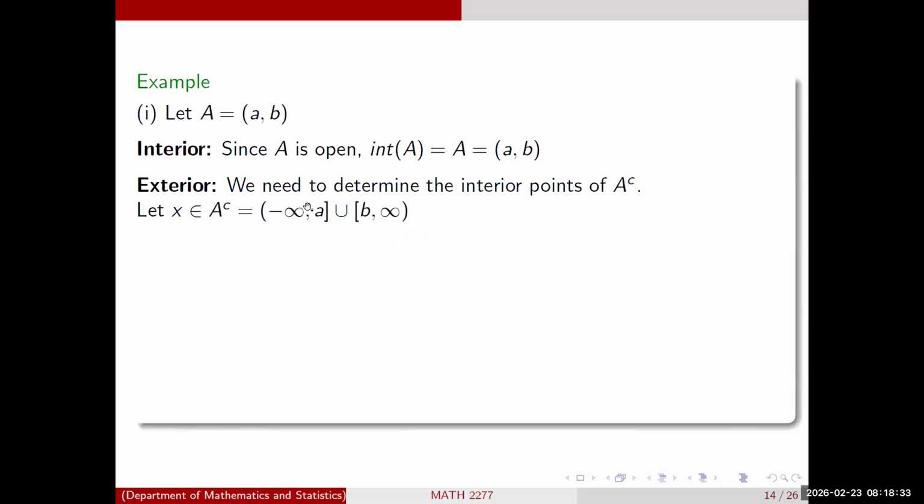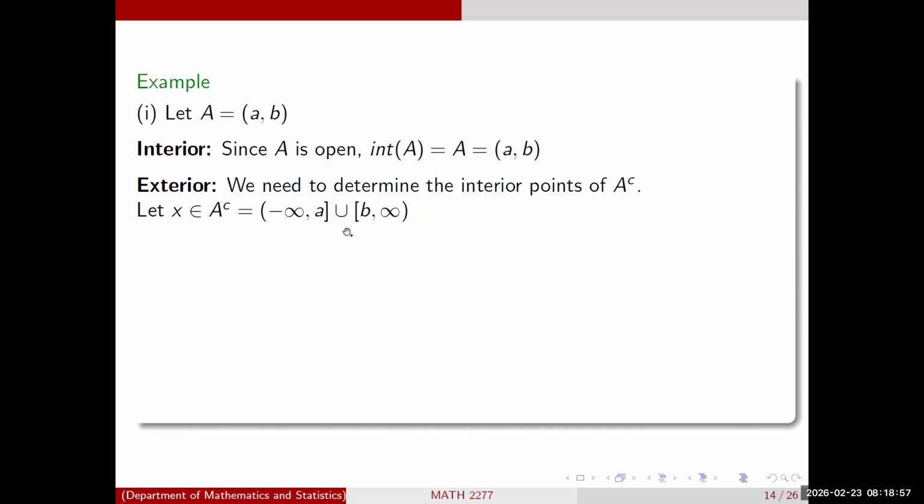And the open sets are built from open intervals. So what is the largest collection of open intervals you could squeeze in that set? Well, you would say that the largest open intervals you could fit in here would be the open interval minus infinity to A, union the open interval B to infinity, right?